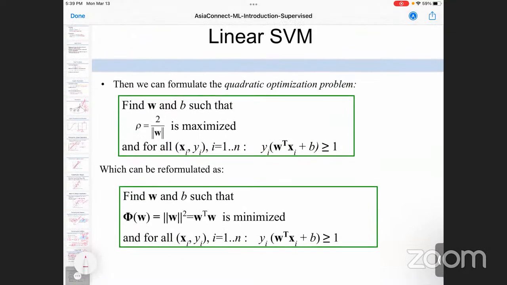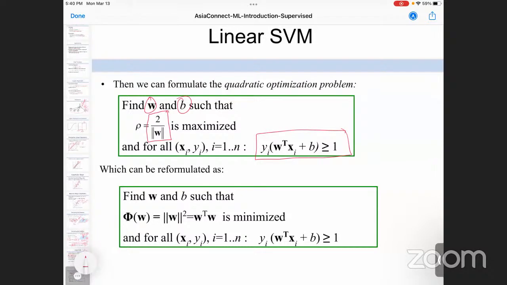So finally, for the support vector machine, we have to find w and b such that the width of the margin is maximized, and we have seen that the width is 2 by ||w||, for all x_i where this constraint must be satisfied. This is a constraint satisfaction problem and a quadratic optimization problem.